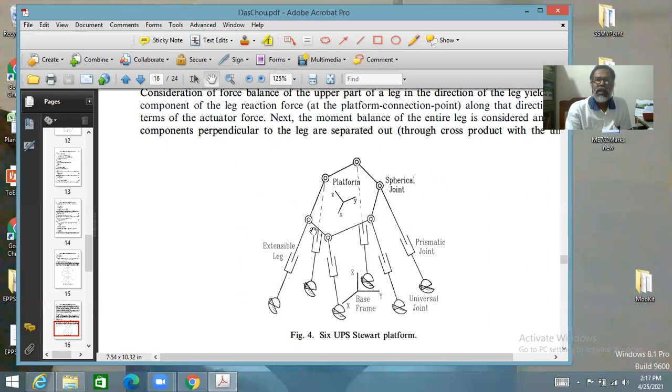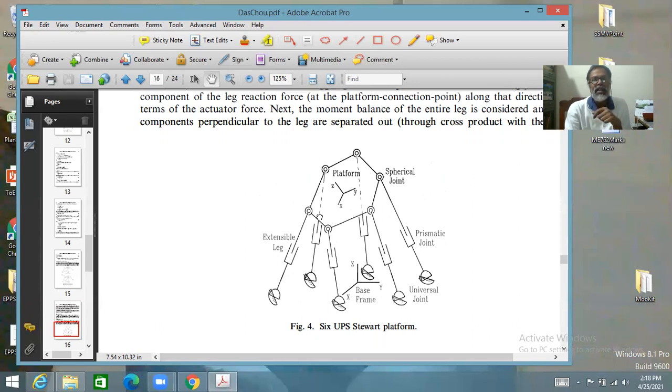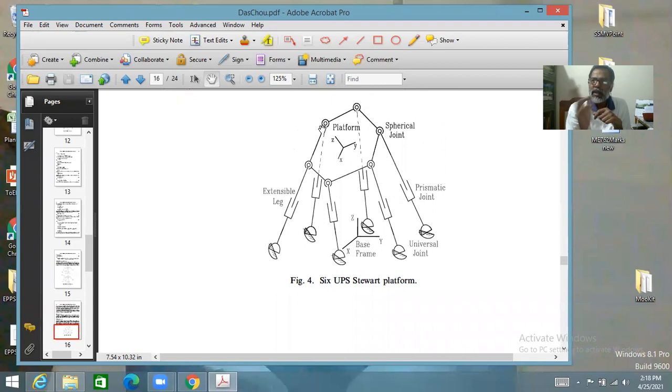Then for the complete leg, you will consider its moment equation about this axis, through this point and from this point. You will get a 3D vector of which you have to take the correct component.